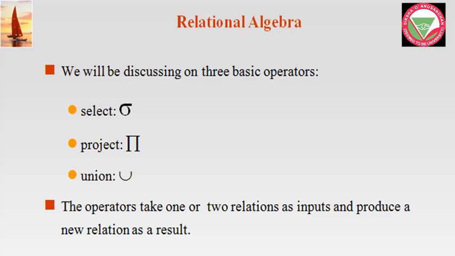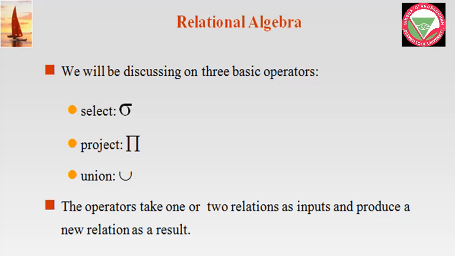Now let us start with relational algebra. Relational algebra is generally a set of operations which are carried out on a particular relation or more than one relation. So here in this video we are going to discuss three basic operators.